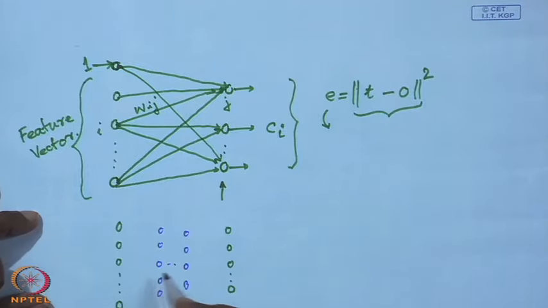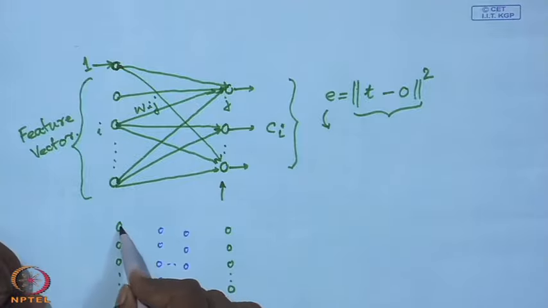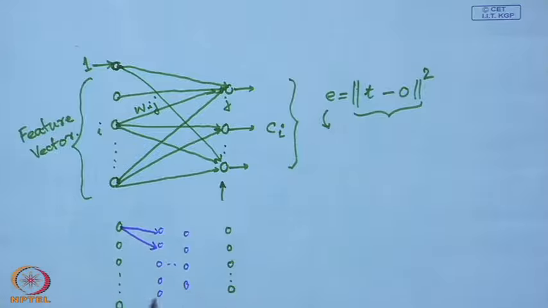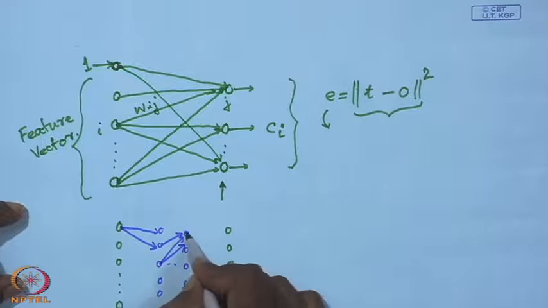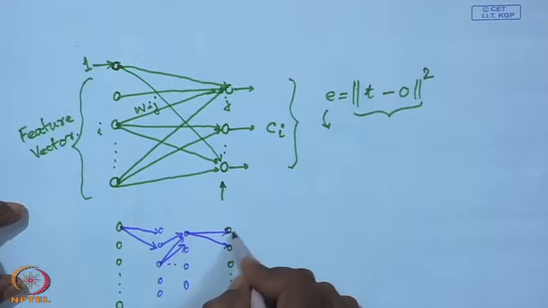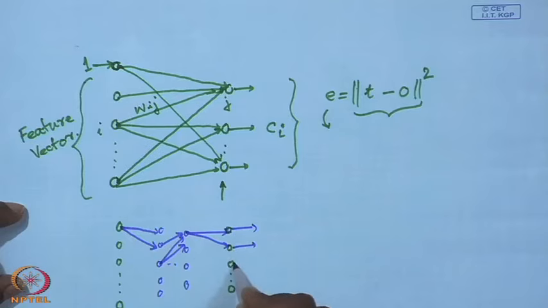However, the connection pattern remains the same. Every node in a layer is connected to every node in the layer above it. So, it continued this way, and so on, and finally, we get the output.